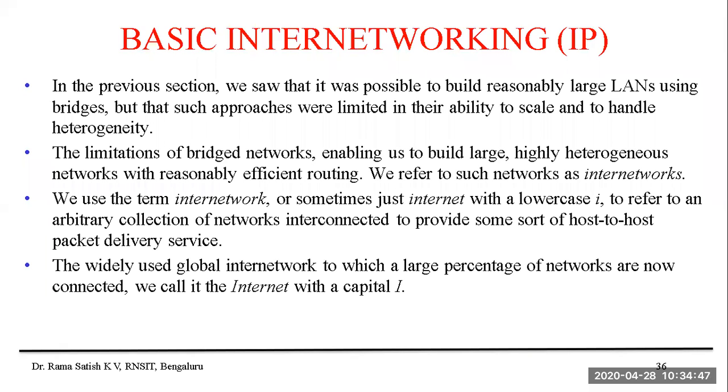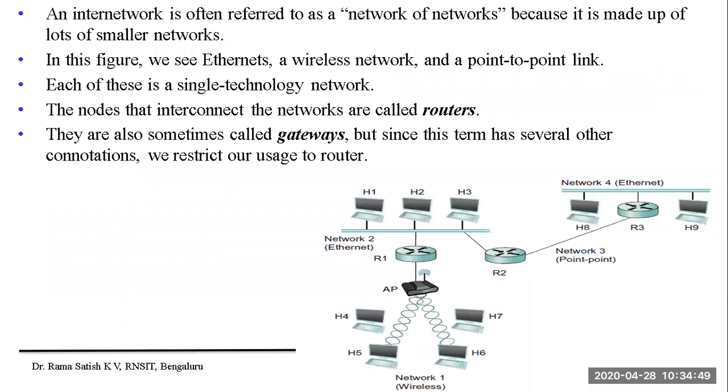We have taken one simple example of how different networks and computers can be connected. Here in network 1, we have a wireless network. In network 2, we have a LAN network. The wireless network and the LAN, that is Ethernet, can be connected through router R1.